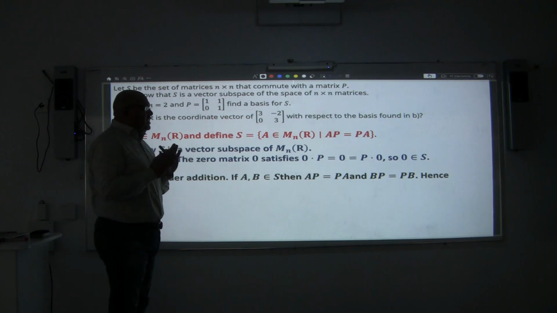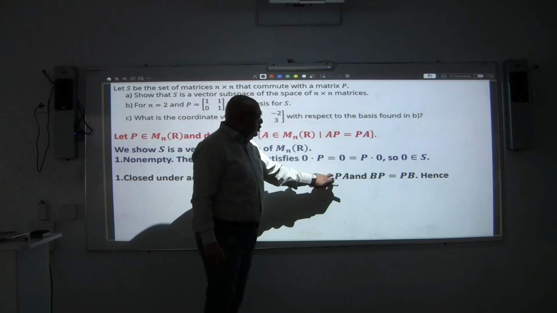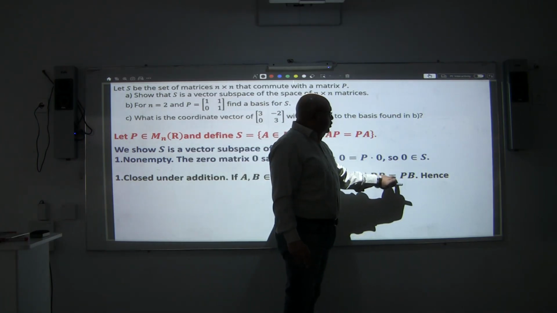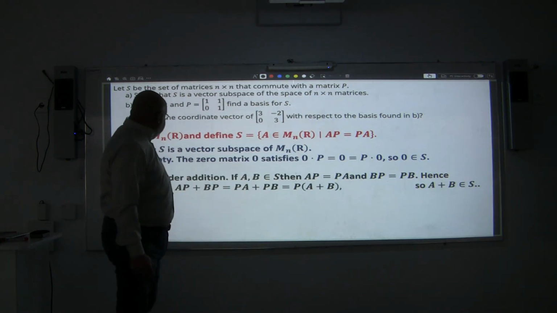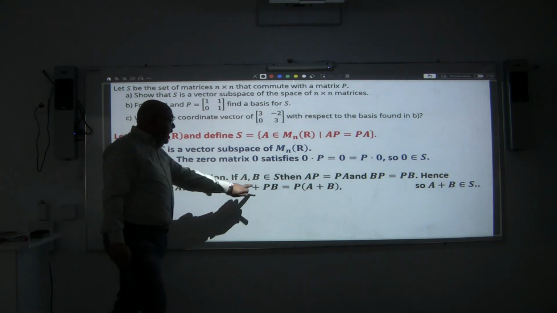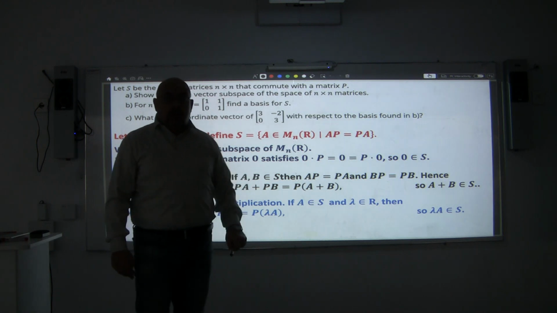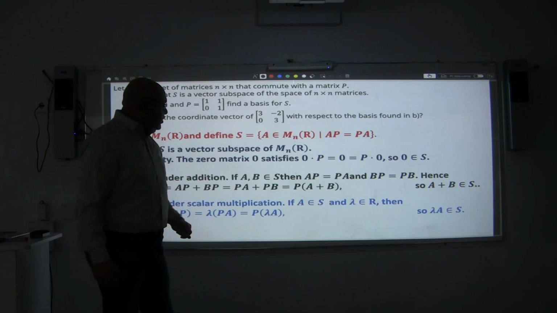matrices belonging to this set that commute with B, so AB will equal BA, and for the second matrix, BP is equal to PB. Hence, from this, I can simply prove that (A plus P) times B is going to equal B times (A plus P). I can replace them since they commute, taking B as a common factor, and so this proves the addition property in this class of matrices.